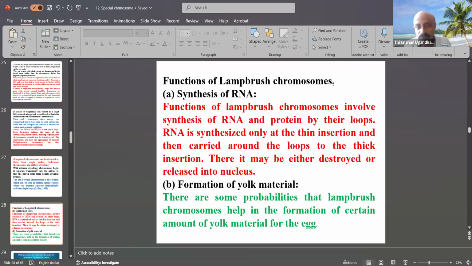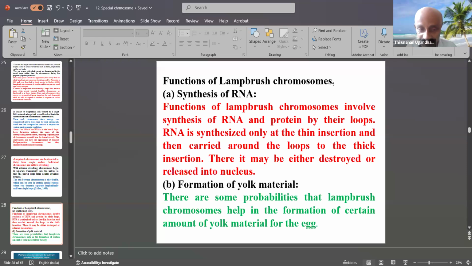These loops consist of a large percentage of the DNA, and RNA is synthesized only at the insertion and then carried around the loop to the thick insertion. There it may be either destroyed or released into the nucleus. This is the first function, the synthesis of RNA by lampbrush chromosomes.